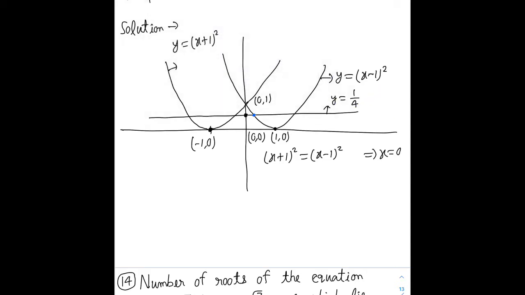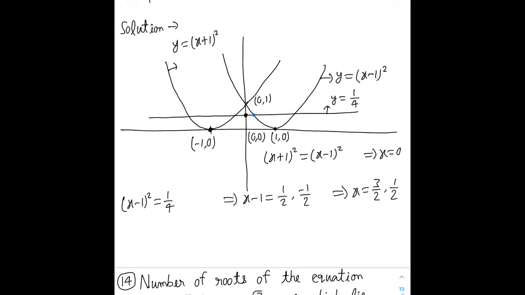So we'll get (x minus 1) whole square equal to 1 by 4. Now if we take square root, we'll get x minus 1 equal to either 1 by 2 or minus 1 by 2. So we'll get x equal to either 3 by 2 or 1 by 2.